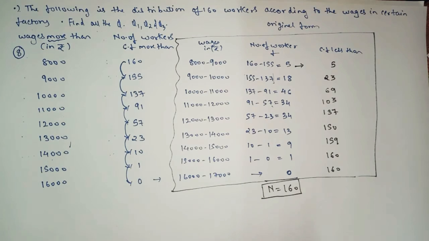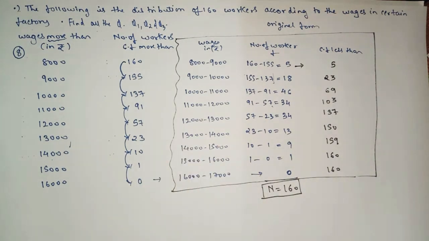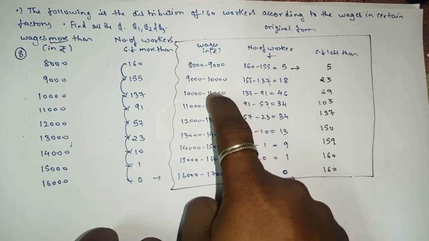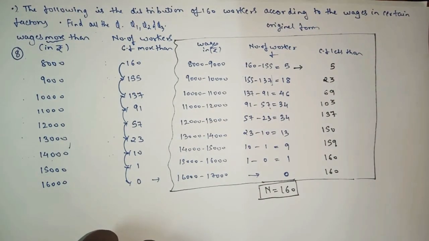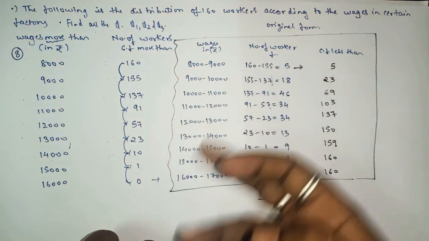This is the only sum in the exercise which is different, and this sum you have to solve by using the type number 3 formula. That means the class has to be in groups. So first I converted this class into group classes, and also continuous. Without continuous classes we cannot find our answer, and we cannot apply our formula also, yes or no? Because whenever we have to find any quartiles, the class has to be continuous only.